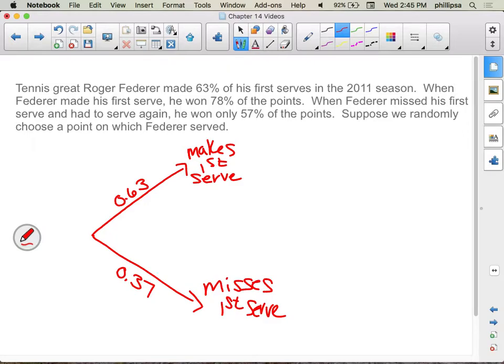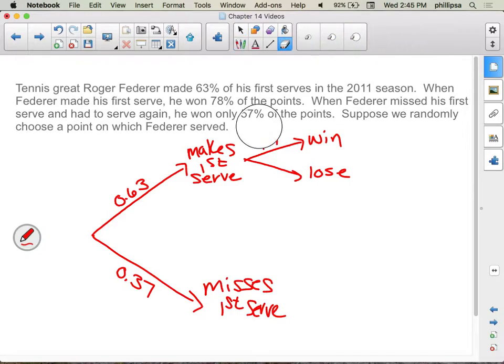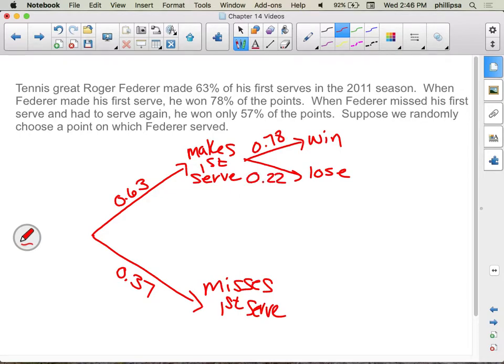They tell you that when he made his first serve, he won 78% of the points. So after he makes the first serve, he's either going to win the point or lose the point. 78% of the time he won it, which means 22% of the time he's going to lose it.